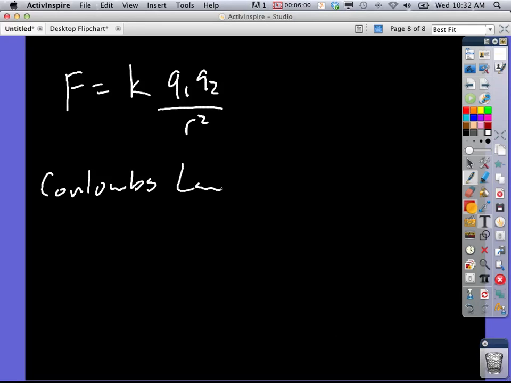K is a constant. This is the force between two charges. If one charge is a plus and a plus, what is this force doing? Repelling. If this is between a plus and a minus, what's it doing? See, it doesn't care, it just does that force.